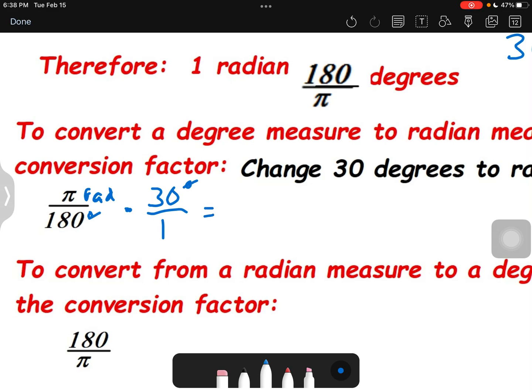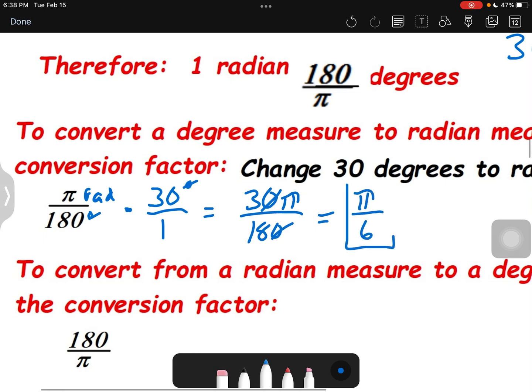So I'd have 30 pi over 180, and we just simplify that, right? 30 over 180, the zeros could cancel out. 3 over 18 reduces to 1/6, so that would be 1 pi over 6. Okay, so 30 degrees is pi over 6 radians, okay?